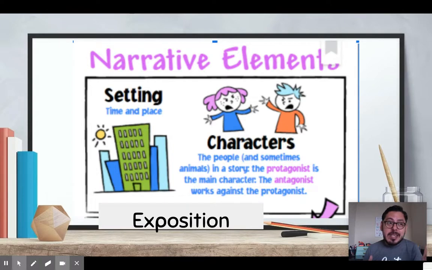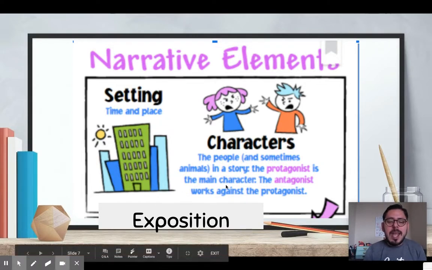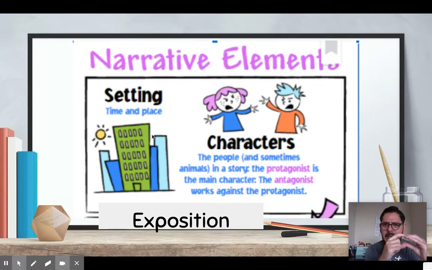For example, in Thomas Edison and Henry Ford, there wasn't really an antagonist because Thomas Edison was not going against Henry Ford, so we cannot actually call him an antagonist. But some stories do, and that's when we call them antagonists. And these two are usually in the exposition of a story, which is the very beginning of a story. That's where the characters are exposed. They're shown to you. All right.